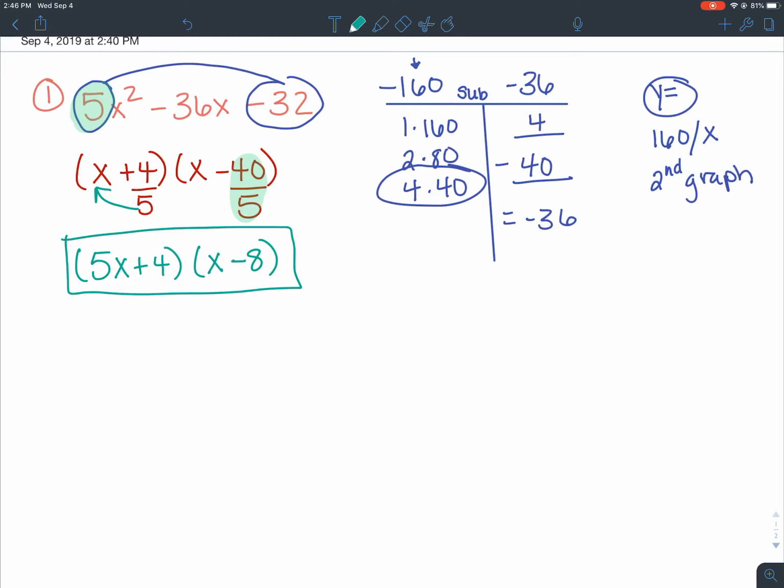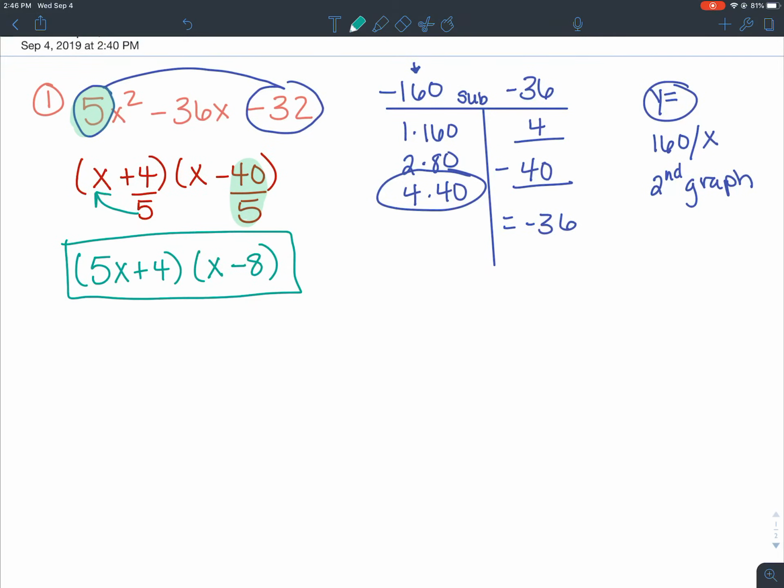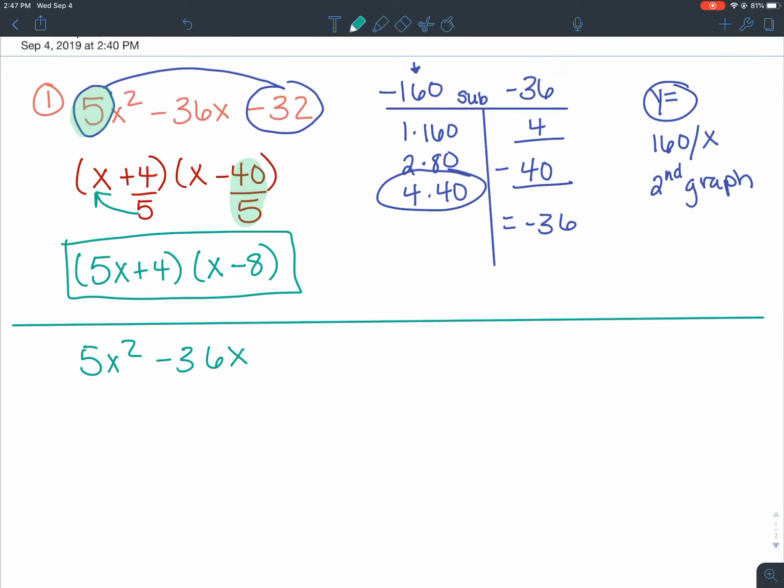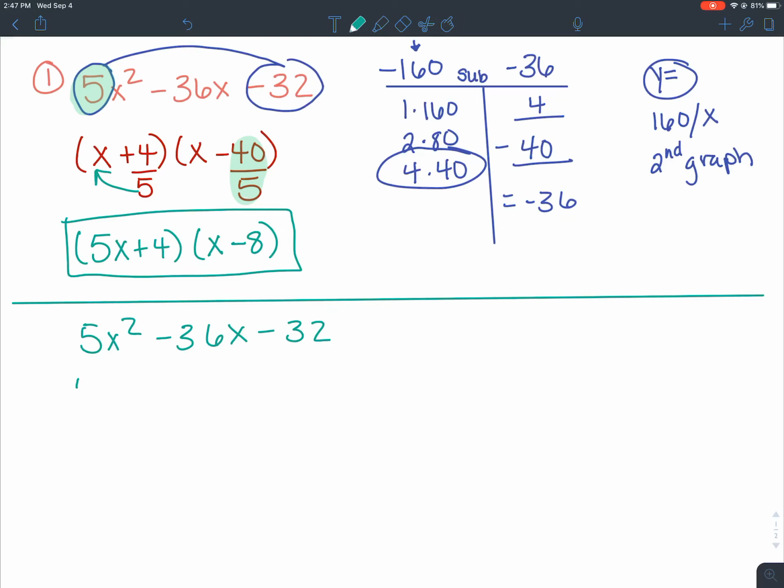If you did grouping, I'm going to draw this line to indicate. The original problem, you still got to do A times C, you still got to do all the first stuff. Once you figured out 4 and 40, you would write 5x squared. I try to group mine together, like I know 40 and 5 are common terms.